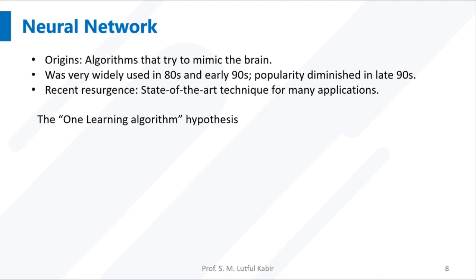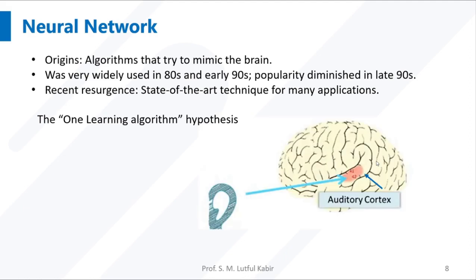This part of the brain, that little orange part, is your auditory cortex. The way you understand my voice now is that your ear is taking the sound signal and routing it to your auditory cortex, and that is allowing you to understand my words.